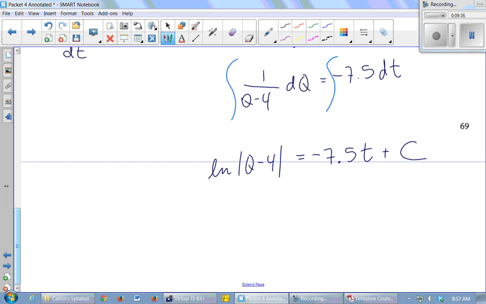And then how do you solve this thing for Q? We need an equation Q equals some stuff with t in it. Exponentiate, raise e to both sides. Oh yeah, sorry, thanks. 0.75.